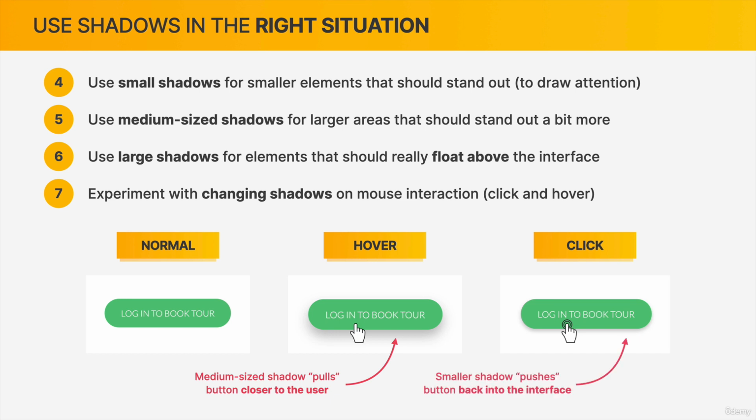Then once they click the button, we can reduce that shadow, which will create the impression of pushing that element back down into the interface. And so a very small and subtle effect like this can actually help create a very natural feeling interface.